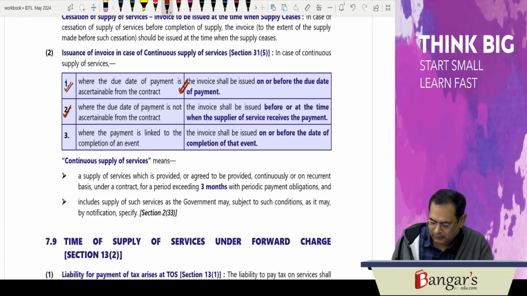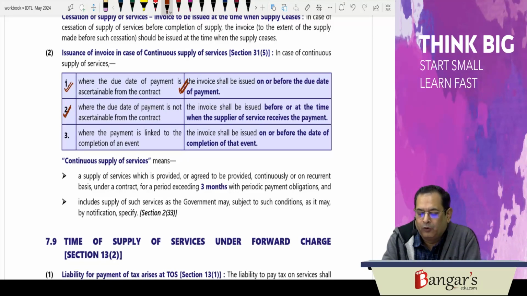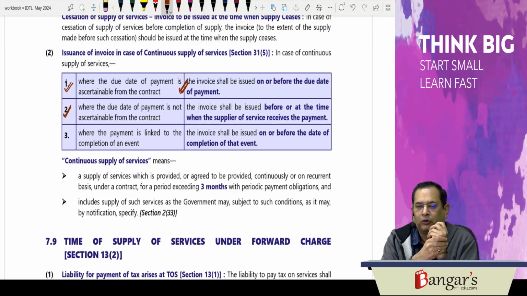Then, where the due date of payment is not ascertainable from the contract, in that circumstance, the invoice must be issued before or at the time when the supplier receives the payment.